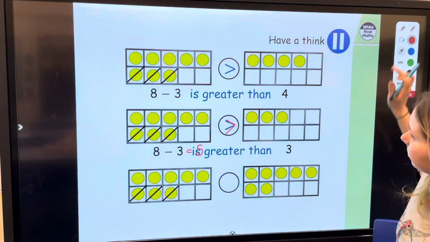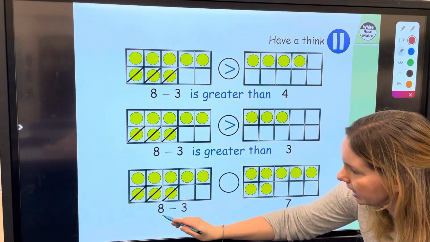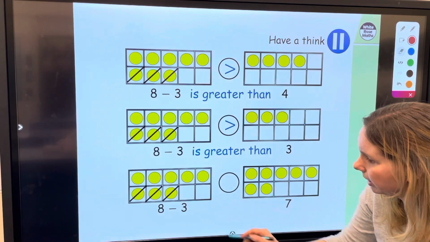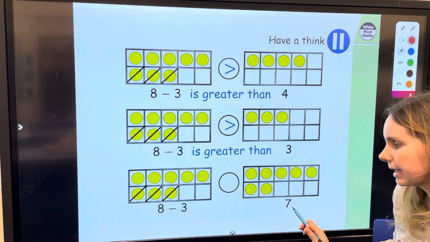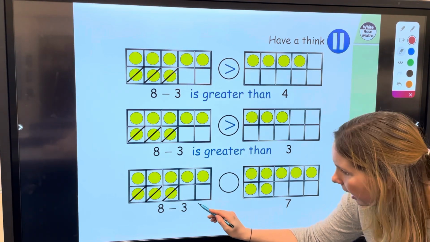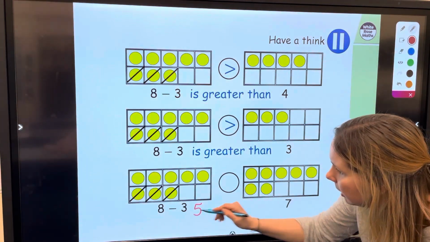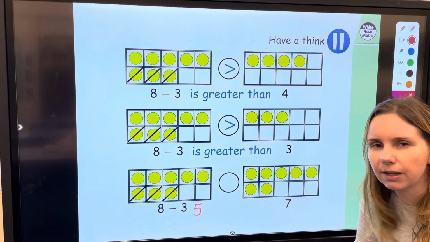Okay, look at another one. Have a look. 8 subtract 3, take away 3, and 7. What do we know 8 subtract 3 is? 5. So we know we have 5, we know we have 7.